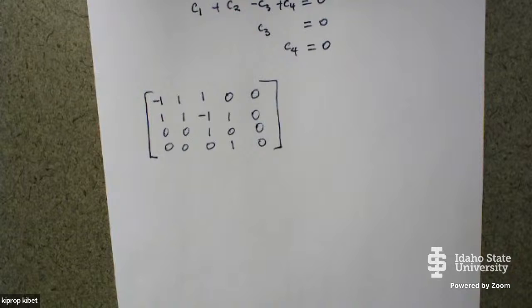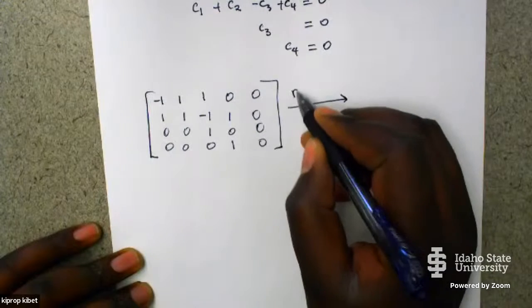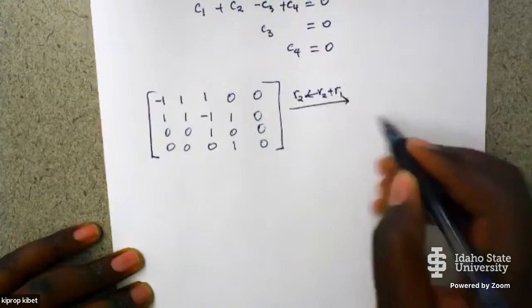Okay. Now, after doing this, then we do what? Reduce. So we now reduce this. So make this one to 0. To reduce that, R2 will be R2 plus R1.